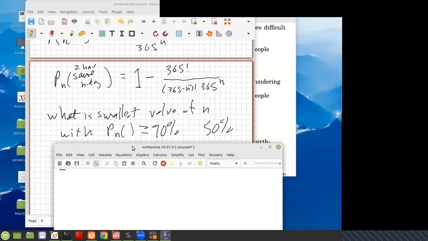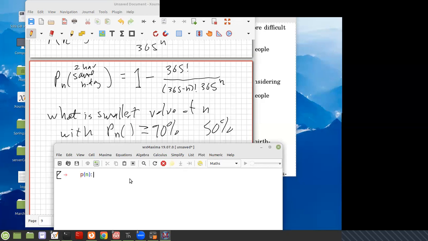Now let me show you how. I would like to do a probability here where I put in a number n and get an answer. What you do in wxMaxima is put a colon here. You could do this in Python, but the real problem with Python is you don't have a factorial function that's as nice as the one here, so I think it'll be simpler to do it here.